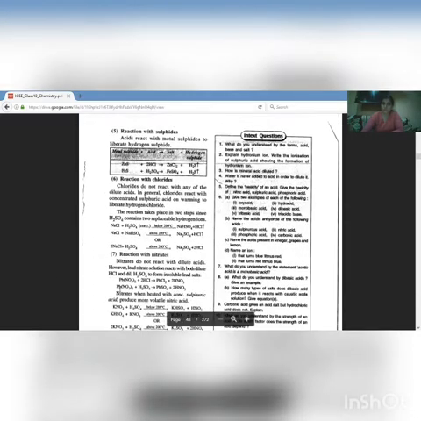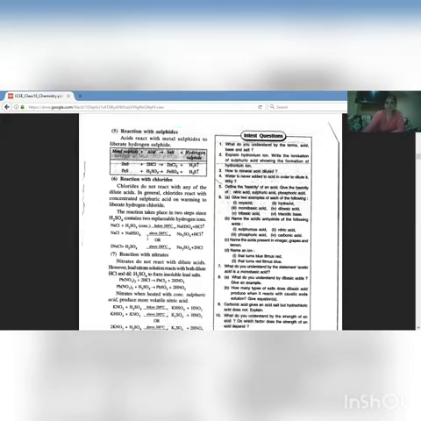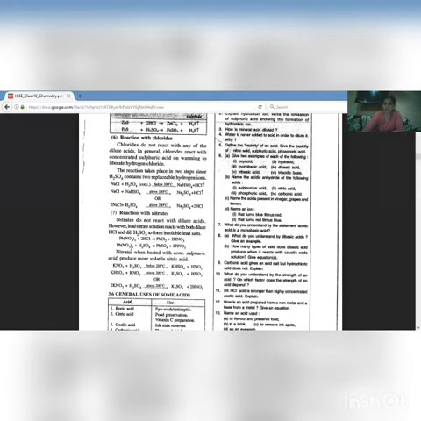Reaction with chlorides. You have already done those reactions in the different preparations. Sodium chloride reacts with sulfuric acid. We have to consider the temperature: if the temperature is below 200 degrees Celsius, there will be a formation of bisulfates, and when the temperature is 200 degrees Celsius or above, then it is sulfates. Reaction with the nitrate, a very, very important reaction. Lead nitrate reacts with hydrochloric acid.